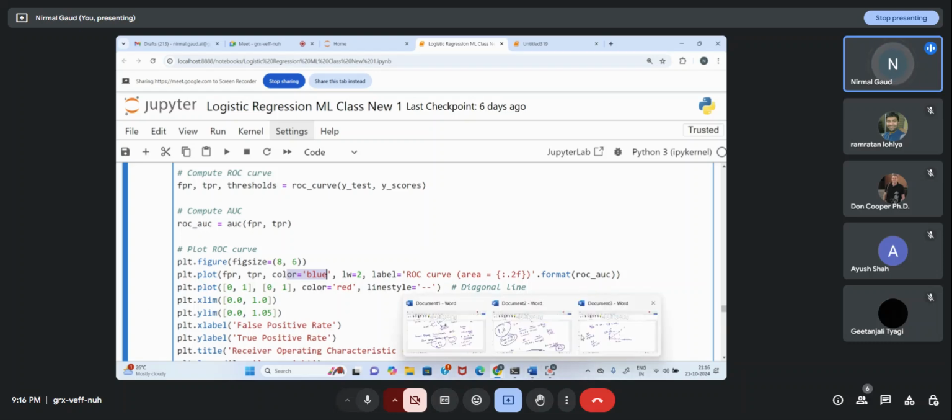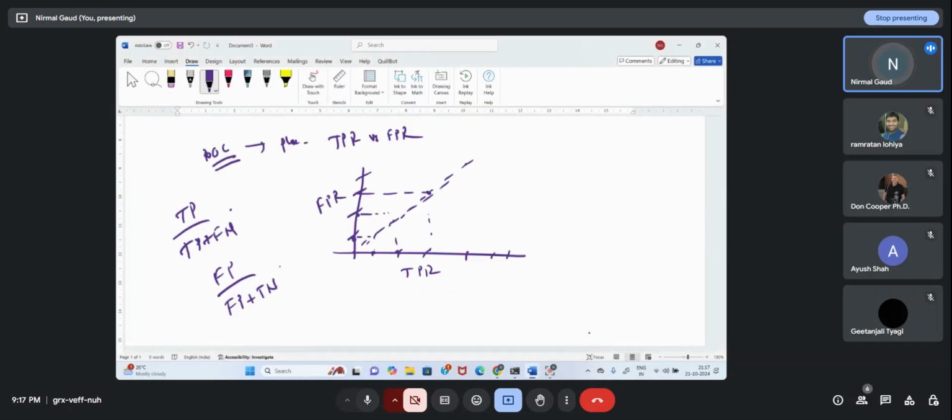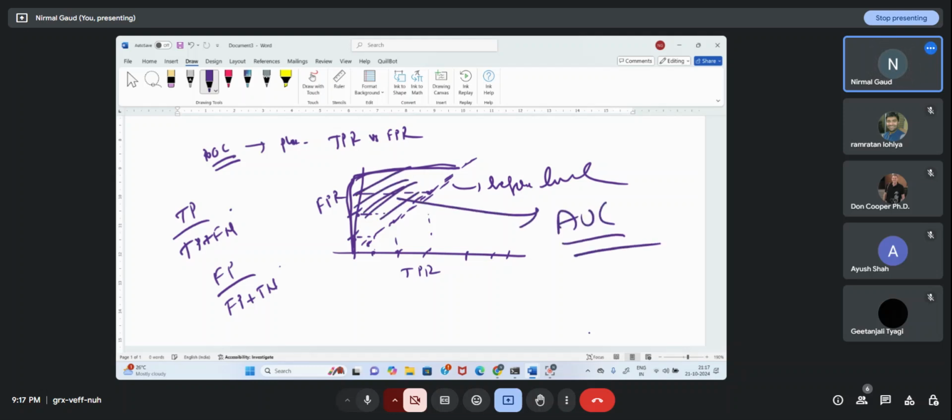So right now the blue line which you are seeing is from here to here. That is a blue line. This diagonal is just a reference line. This is your TPR and FPR. And whatever is coming inside this is AUC.